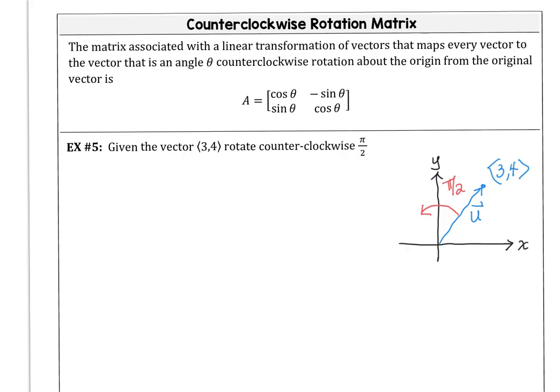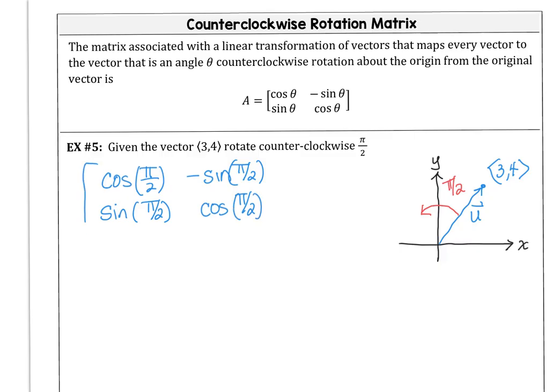And we can use matrix A, so we want the cosine of pi over 2 and the sine of pi over 2, the opposite of the sine of pi over 2, and the cosine of pi over 2. This is our rotation matrix, and we're rotating vector 3, 4.